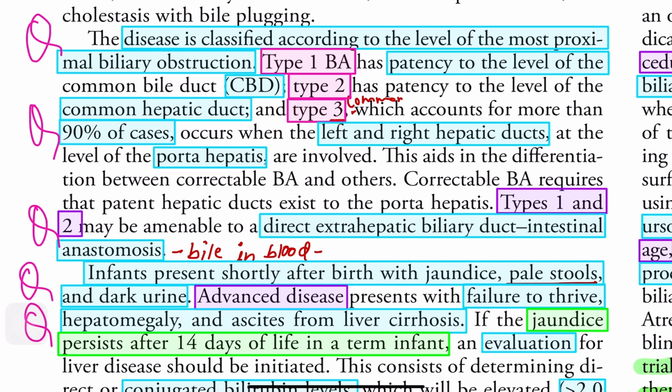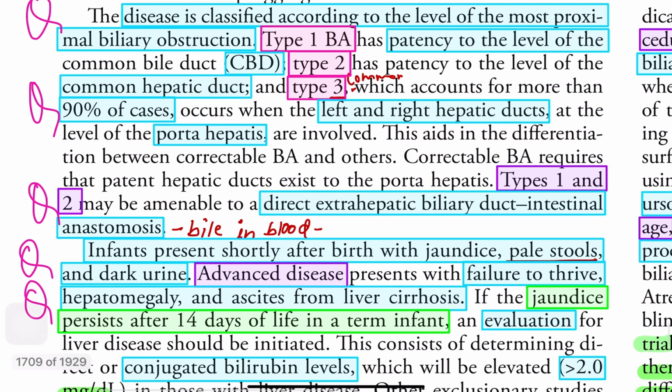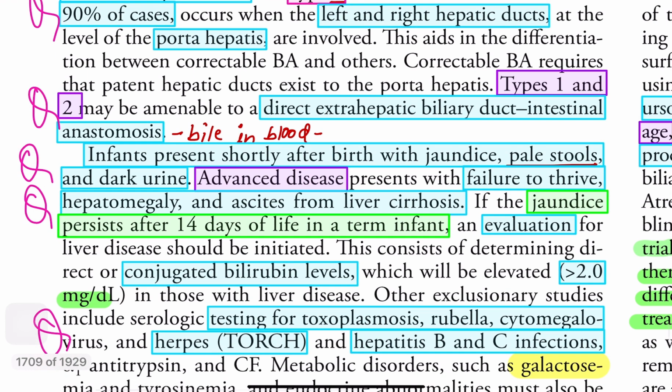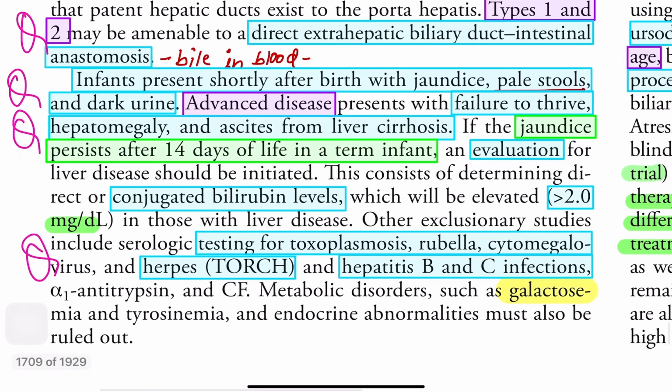Type 3 is most common, already told. When the portahepatis is involved, it is also type 3, an important addition in the classification. Type 1 and type 2 may be amenable to direct extrahepatic biliary duct intestinal anastomosis.